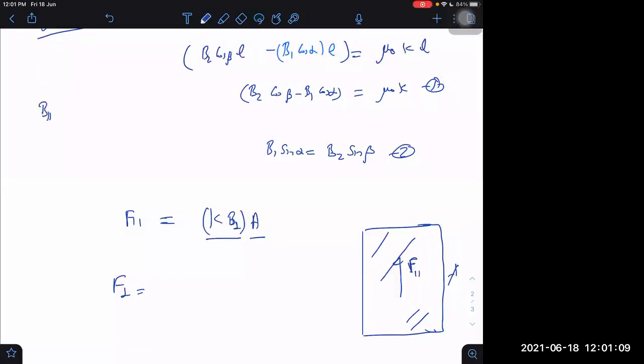So B1 cos alpha plus B2 cos beta, divided by 2. That is B parallel, the external B parallel, parallel to the sheet.